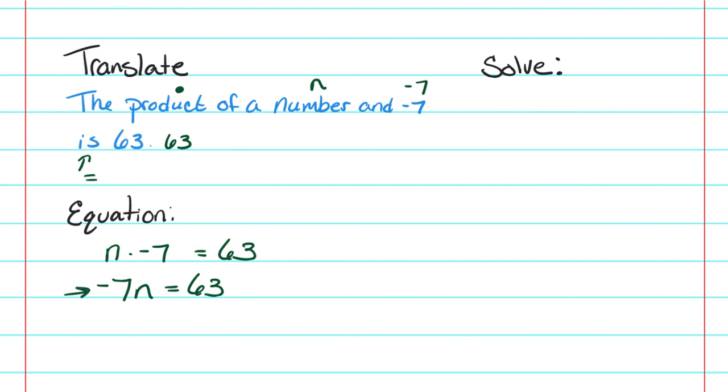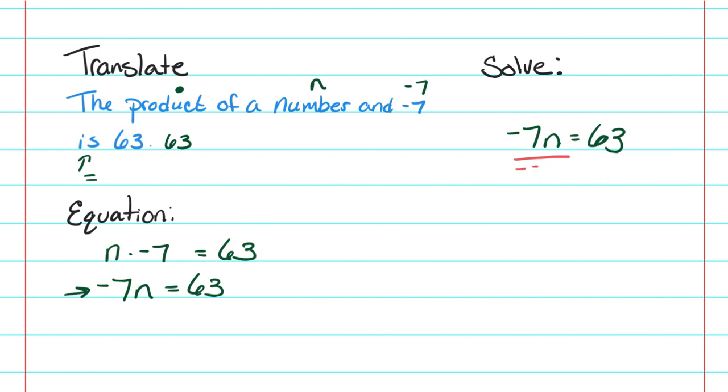So now that I've come up with the equation, I want to solve my equation. So over here, -7n equals 63. I want to figure out what n is. Like we did the other day, we're going to do the inverse operation of the math we have to get our variable alone on a side. Since I have -7 times n, the opposite operation of multiplication is division.